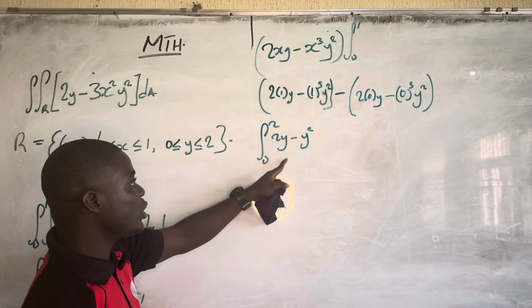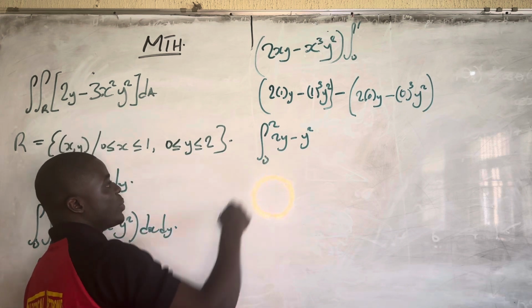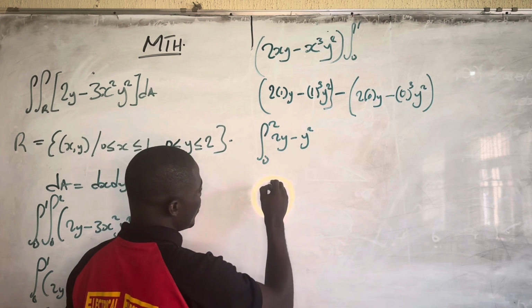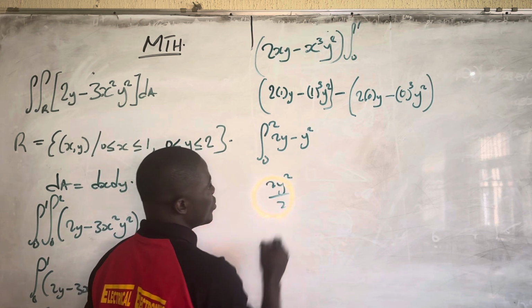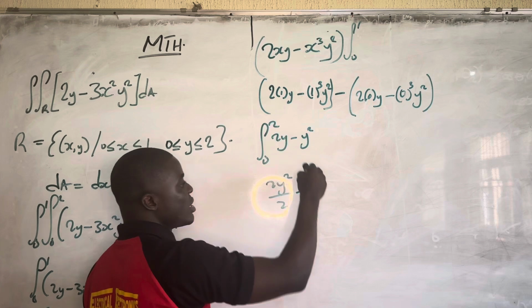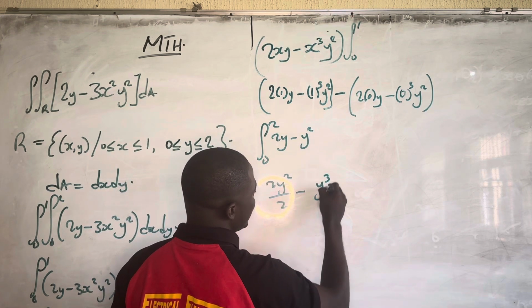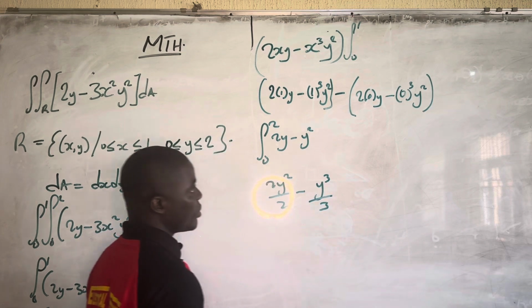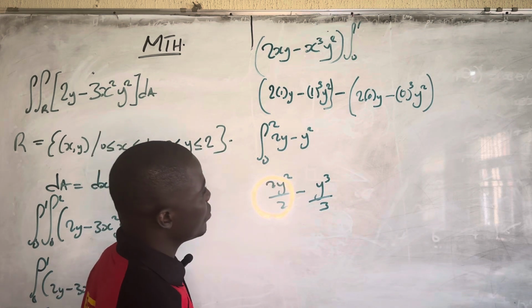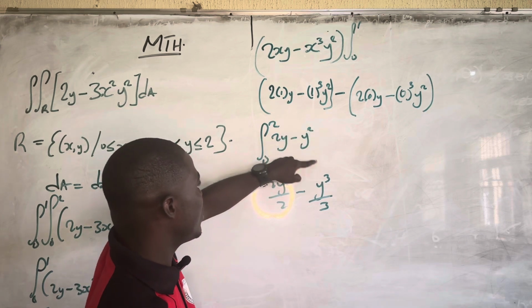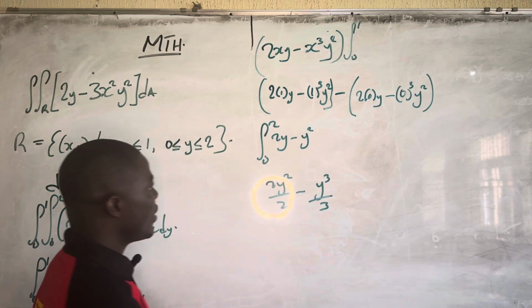If we integrate this, we have 2y squared divided by 2 minus y raised to power 3 divided by 3. Yes, you add 1 to the power and divide by 3.